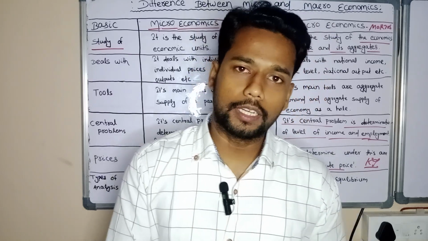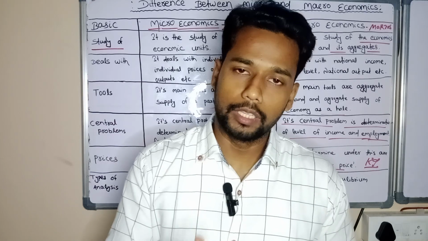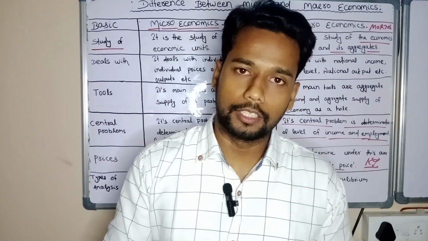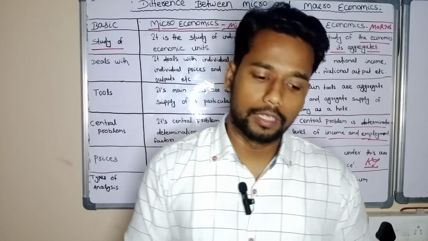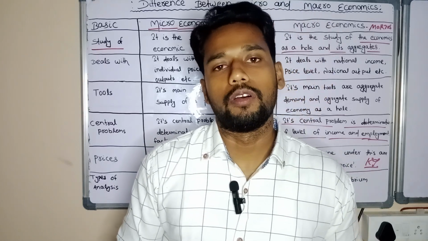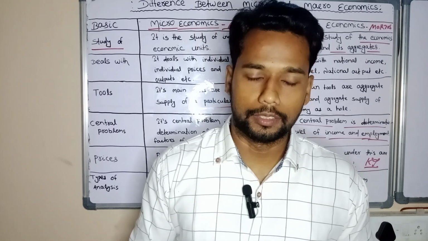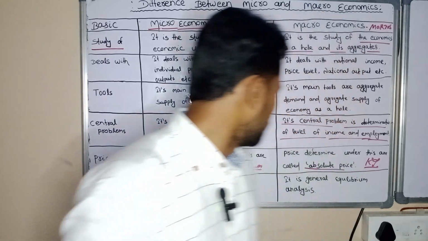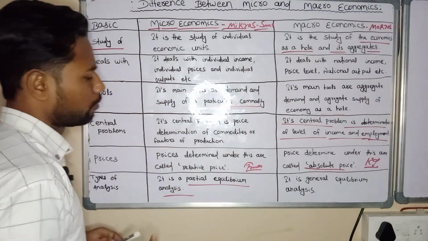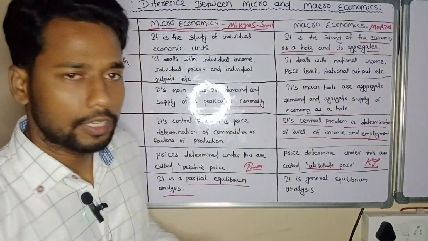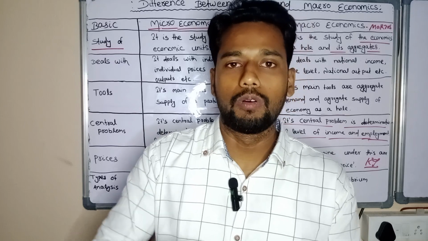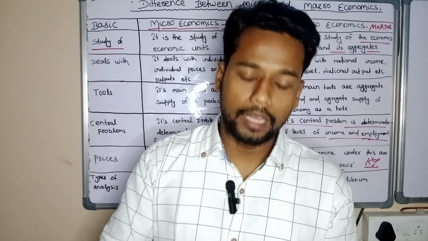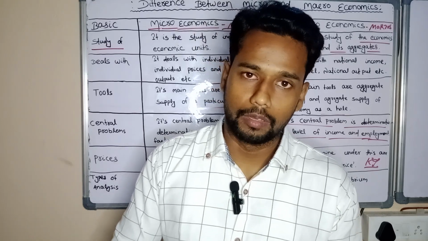Where your budget matches your satisfaction, that is the equilibrium point. This is the equilibrium condition. At that particular point, your want will be maximized. This is called partial equilibrium because an individual unit is a part of the whole economy.